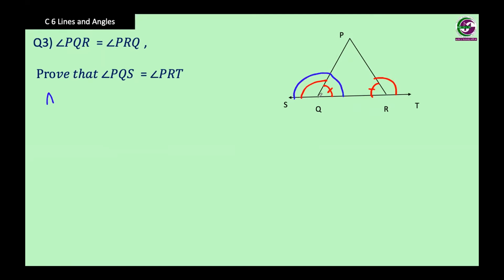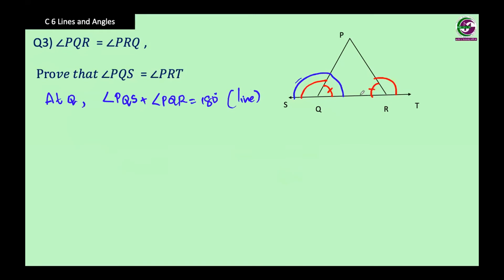At the point Q, this is forming a straight line. So we can write at Q, angle PQS plus angle PQR is equal to 180 degree, because it is forming a line.